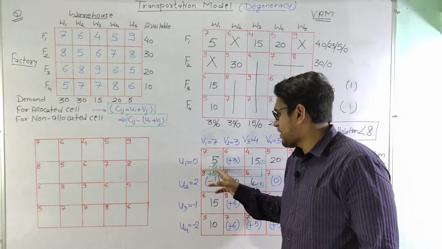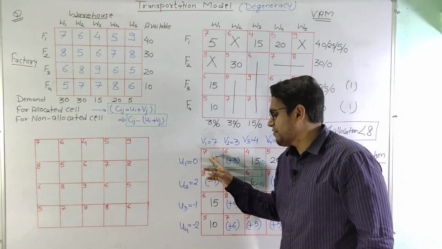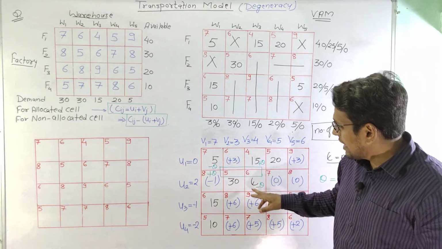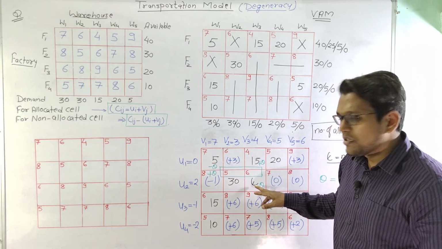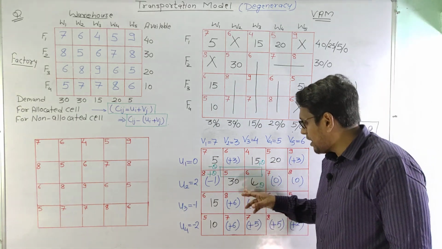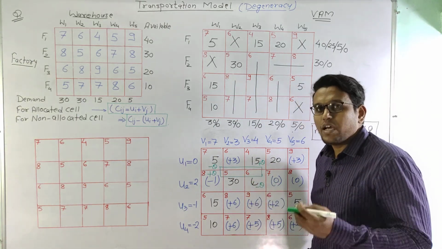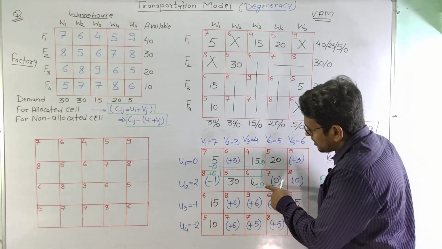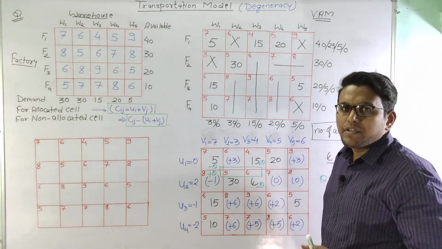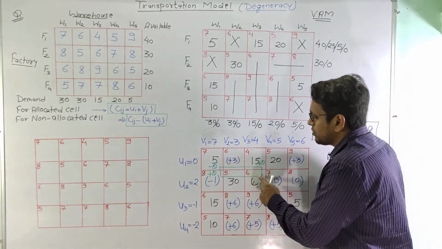That means either theta can be 5, that means 5 minus 5 is 0, or theta can be epsilon. Okay, and we know here that the value epsilon has 0 allocation, but the value of theta cannot be put directly as 0. We need to use the value epsilon judiciously.